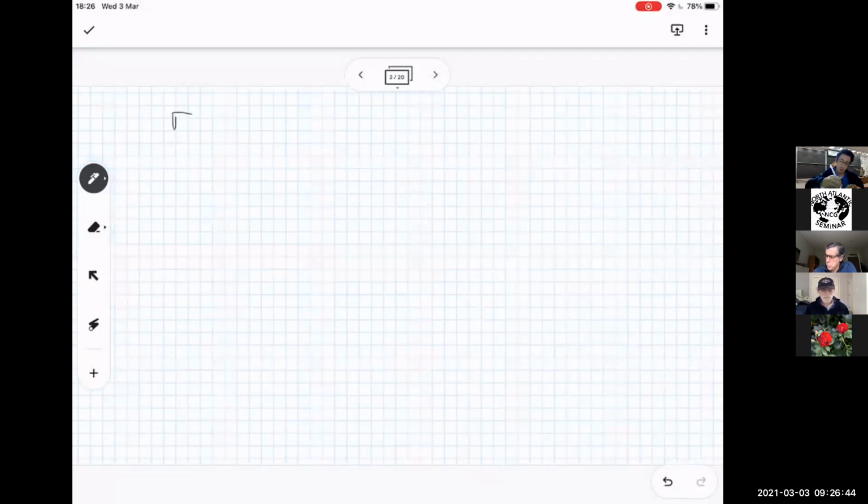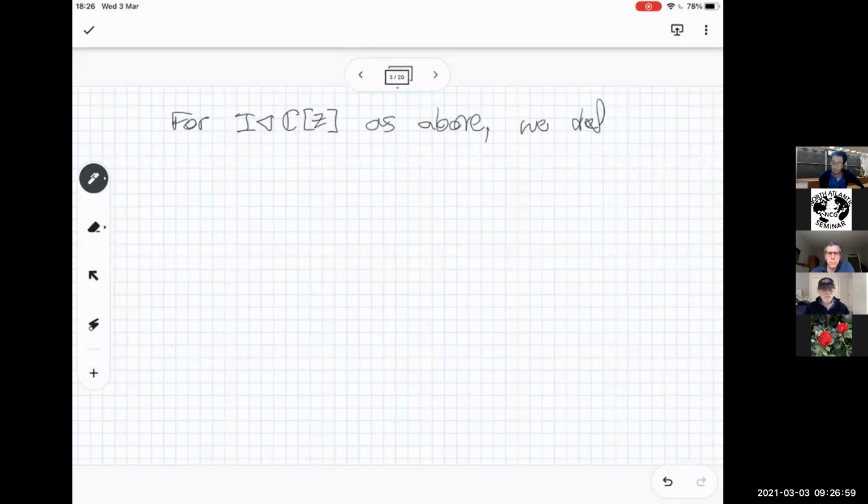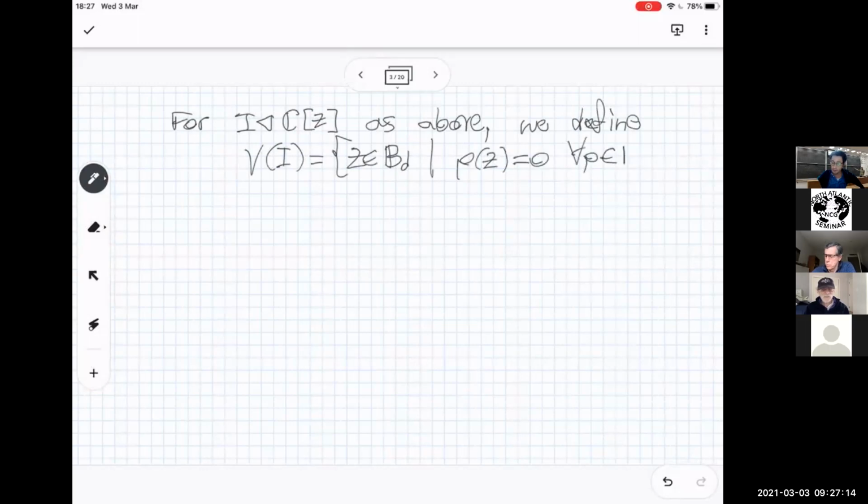So for this homogeneous ideal inside polynomials in commuting variables as above, we define the variety of the ideal. It's those elements in the d-dimensional complex ball that are annihilated by all polynomials in the ideal.